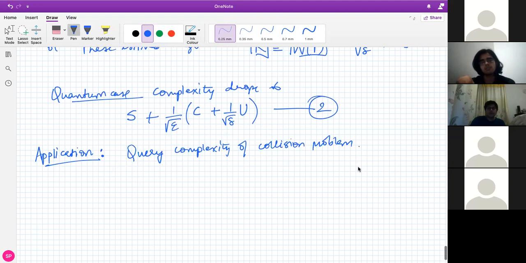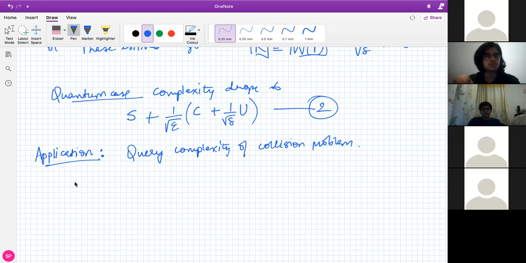For people who are not familiar with the concept of query complexity, suppose you have some input, like say in this case I have x. Let me first explain the collision problem, then I can explain what you mean by the query complexity of the collision problem. That will be better.